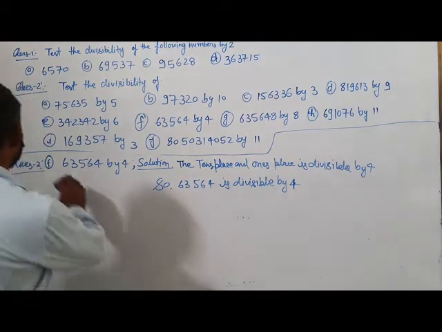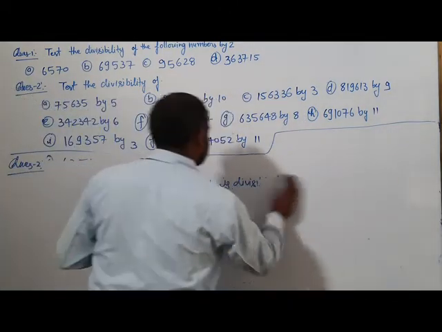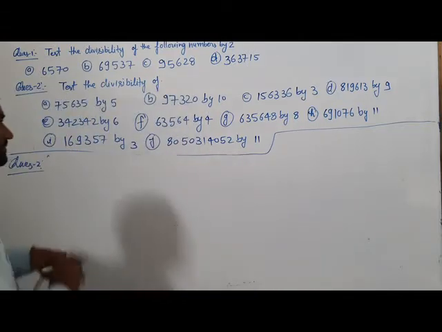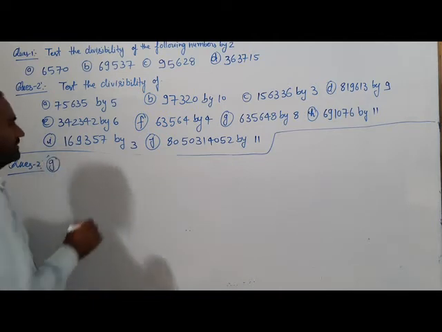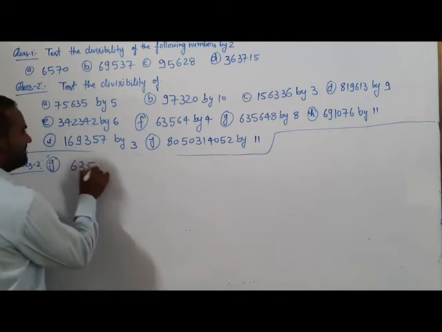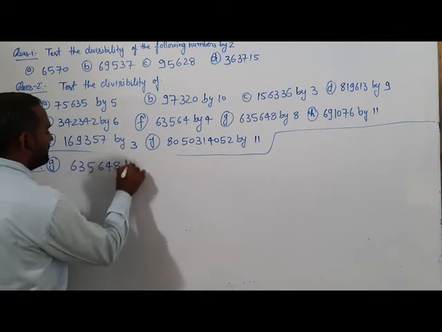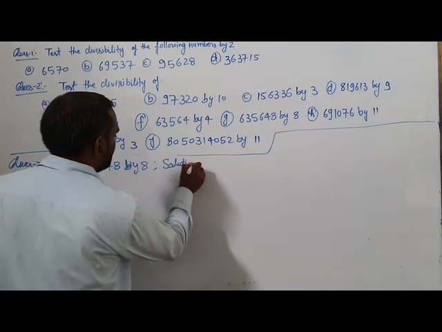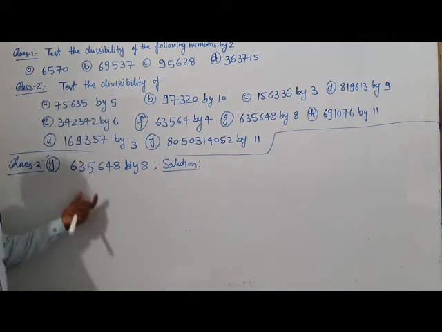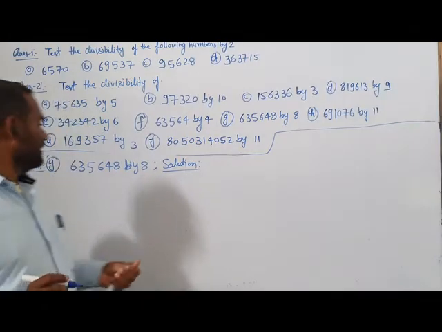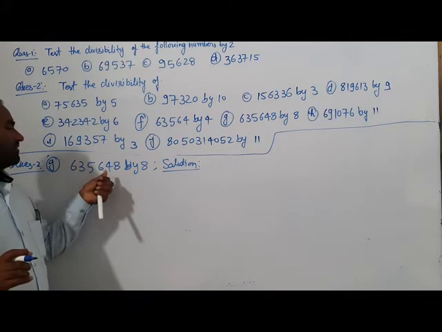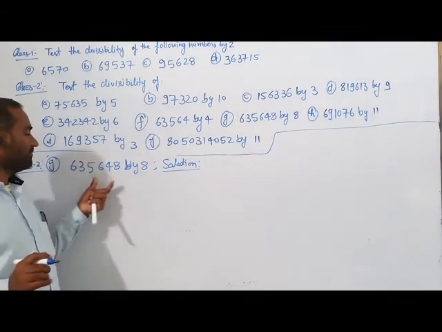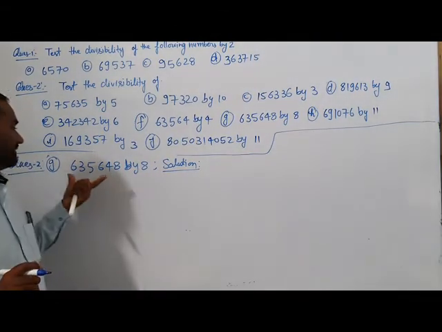Now we have to test the next option, that is G, 6 3 5 6 4 8. The divisibility of 8 is: if the hundreds place, tens place and units place are divisible by 8, then the number is also divisible by 8.